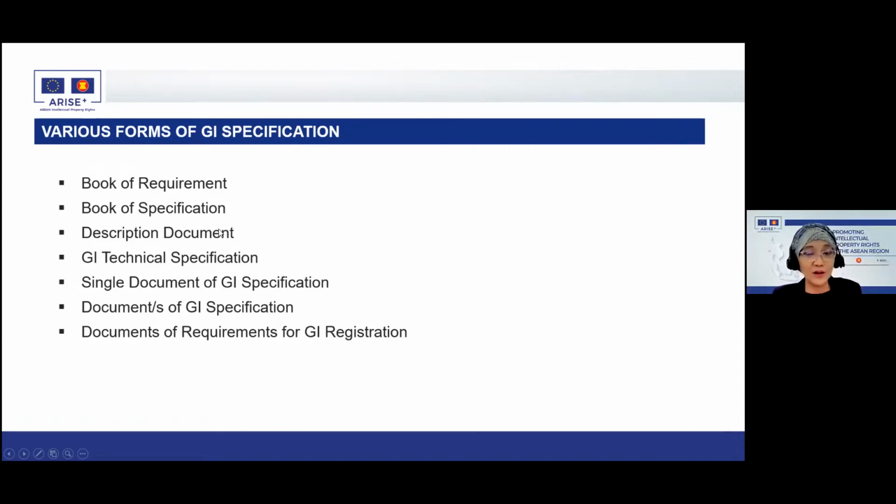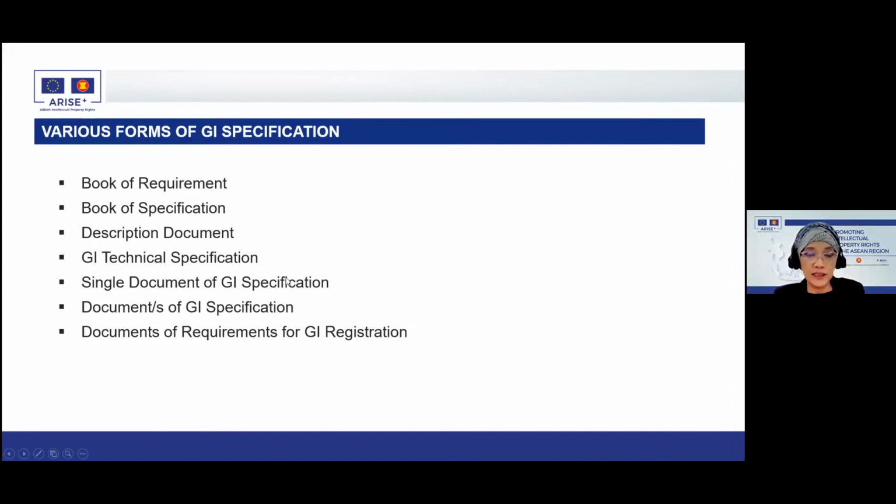A description document is theoretically thinner. GI technical specification is very technical. The language is very technical. It's very concise but technical, maybe only thoroughly comprehended by the experts, but we need it.